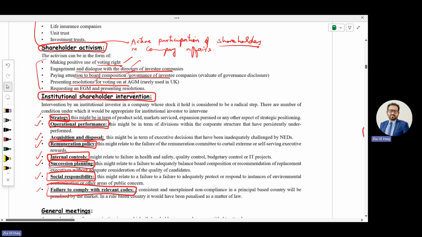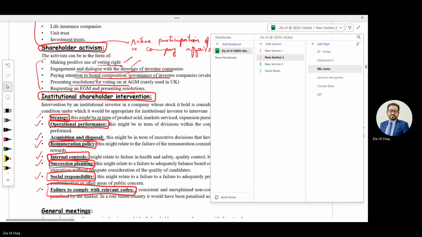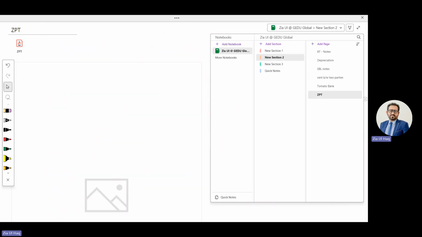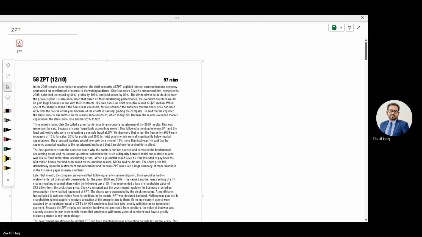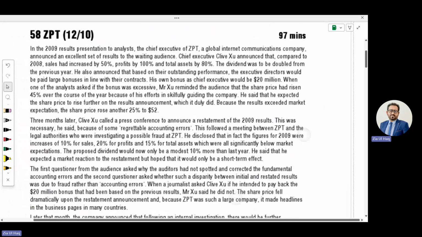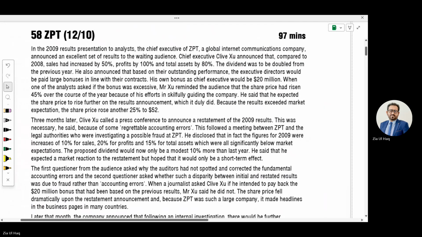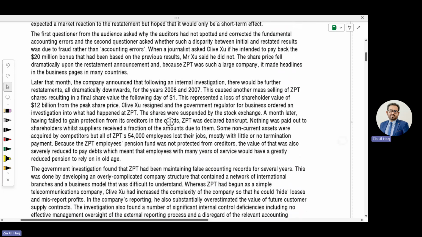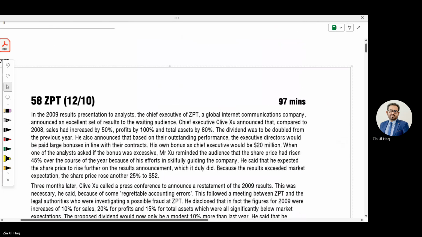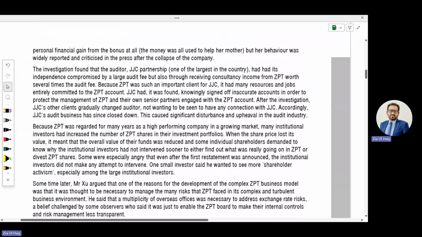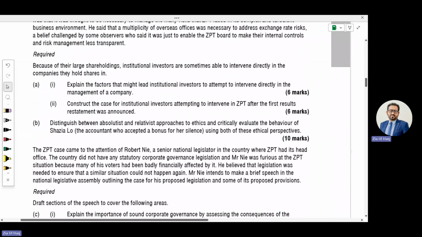So let's move towards a question. ZPT. It's a long case study. In fact, this is a 50 marks question.